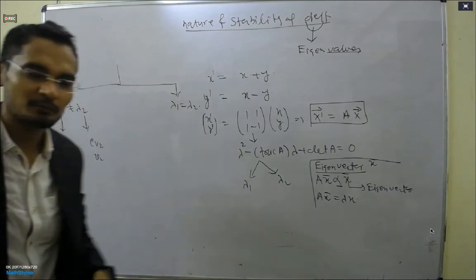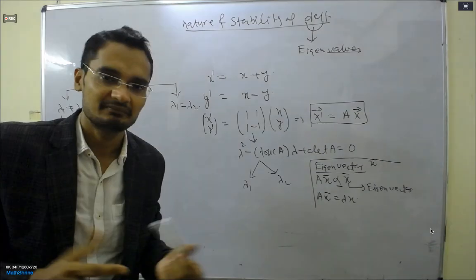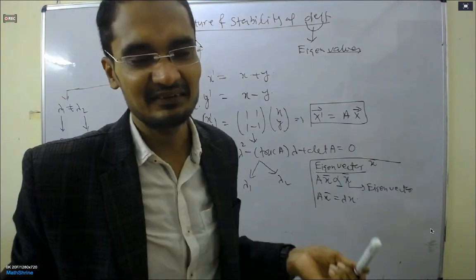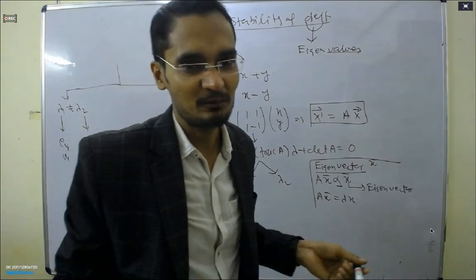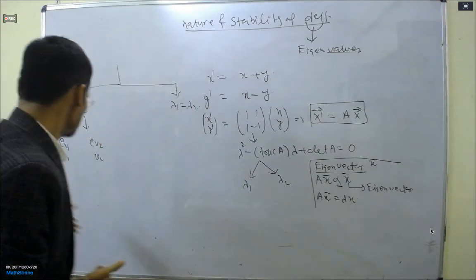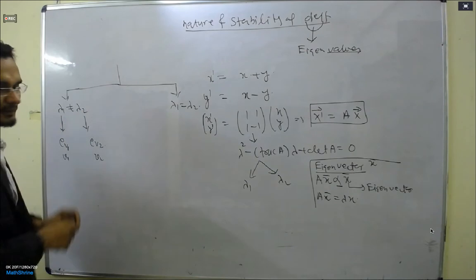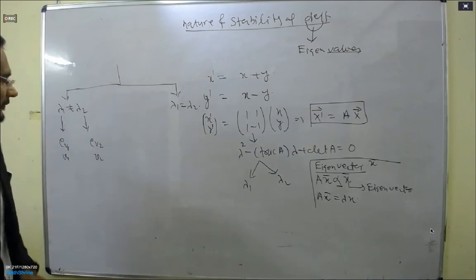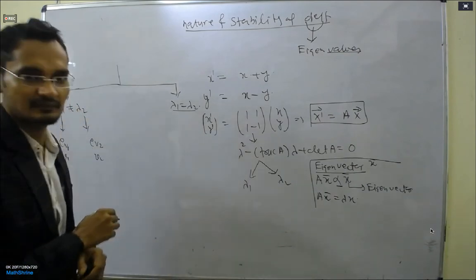So it can give you two eigenvectors, V1 and V2. This lambda can be the address of two houses, two spaces, or only one.